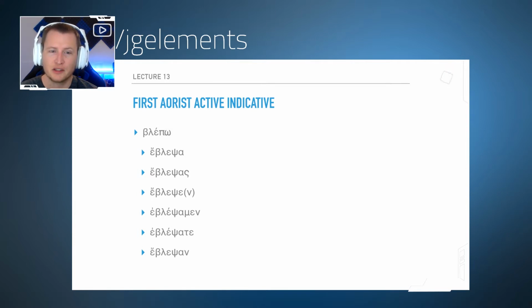But because of the square of stops, the P and the sigma form together to the psi. Eblepsa, eblepsas, eblepsen, eblepsamen, eblepsate, eblepsan. Okay, so I saw, you saw, he saw, we saw, you all saw, they saw.